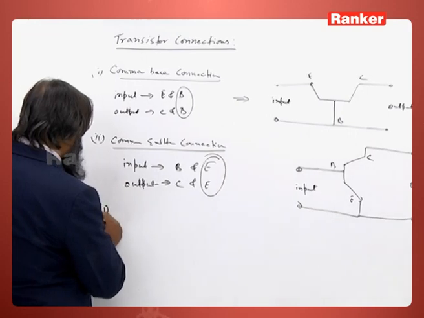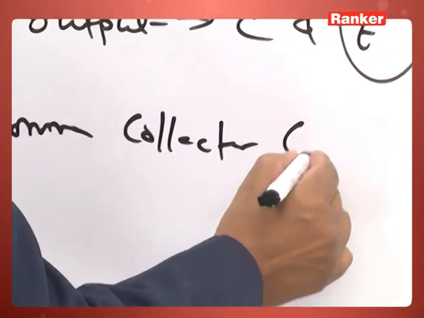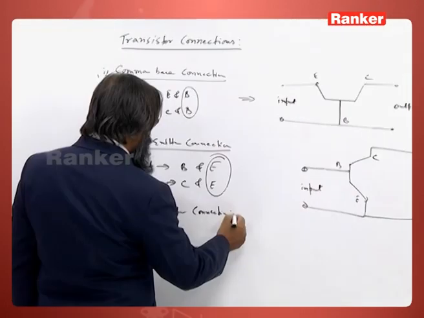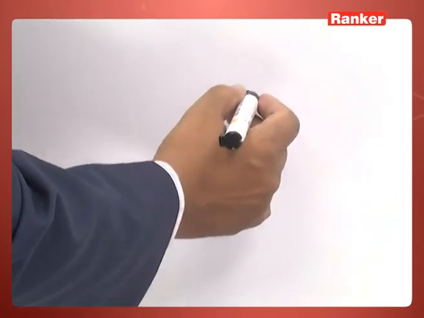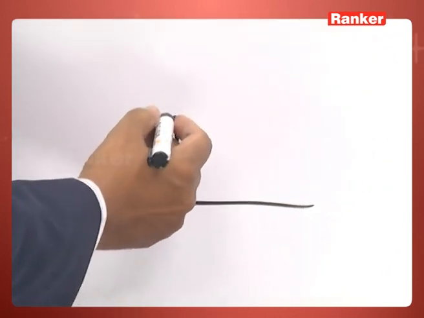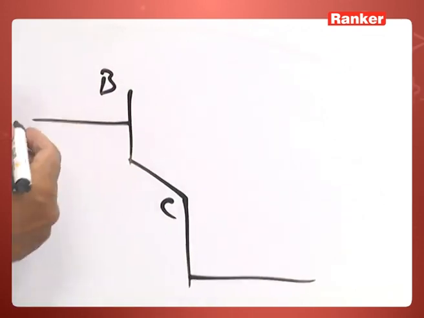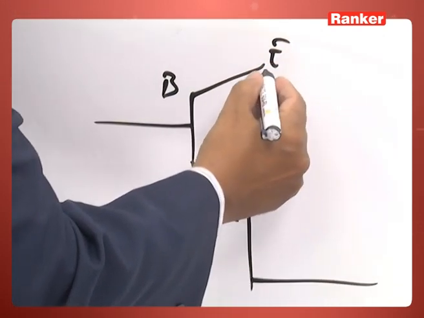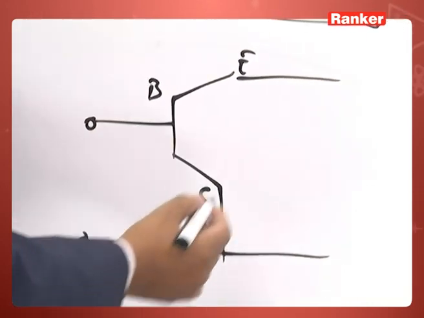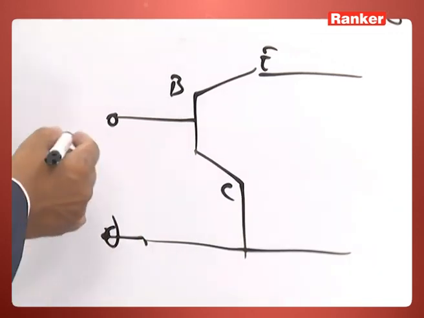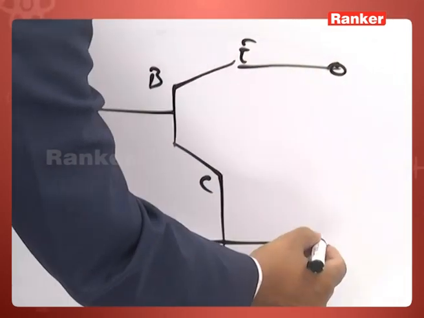There is another mode that is called common collector connection. This is collector and this is your base and this is emitter, and you see here we give input here and we take output here.